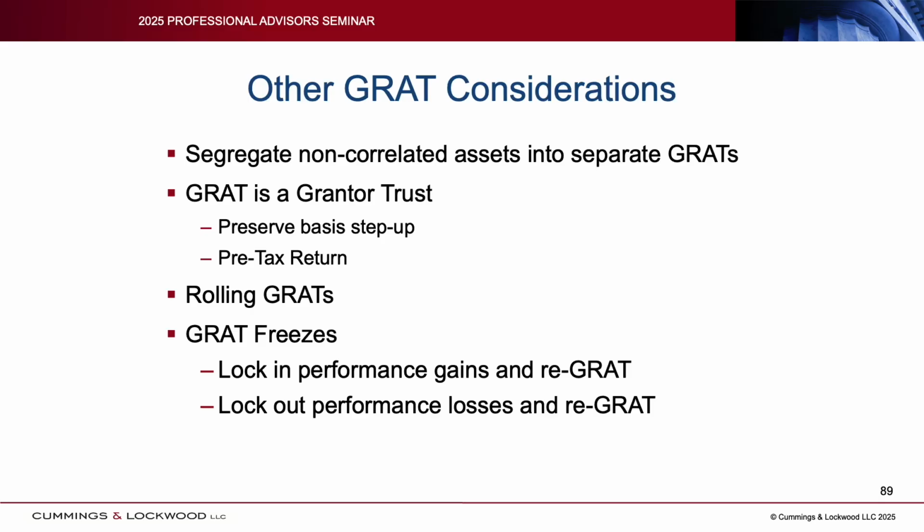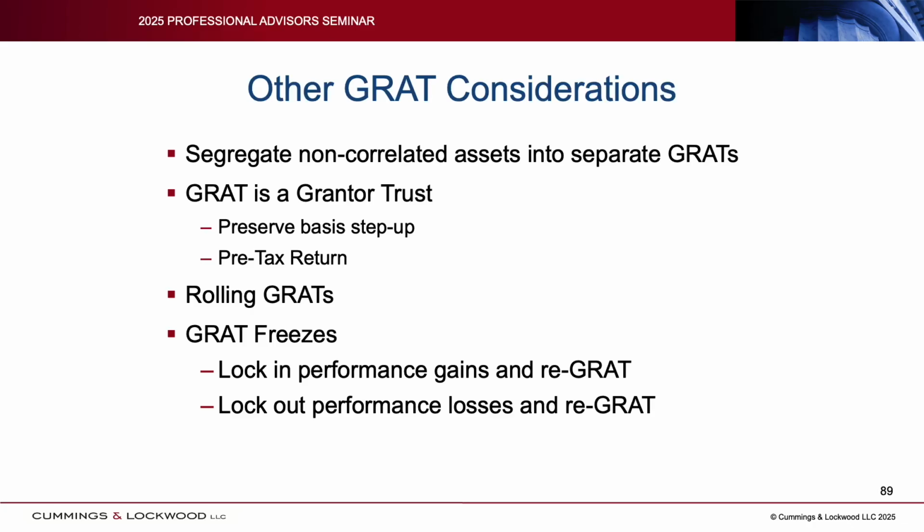The fact that it's a grantor trust allows us to freeze the GRAT. So what if we funded it with NVIDIA stock and it's up 50% in the first 6 months? Well, I think we're going to have a successful GRAT because all we need to do is beat an average annual return of 4.6%. So we can freeze that GRAT. We can take out the NVIDIA stock and put in something else that's not as volatile, cash, bonds, whatever the client might have.